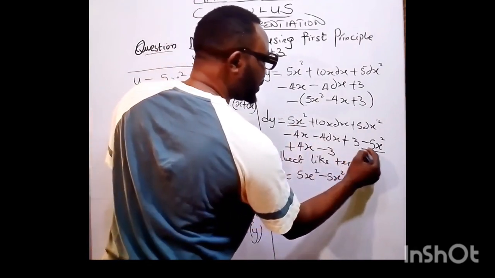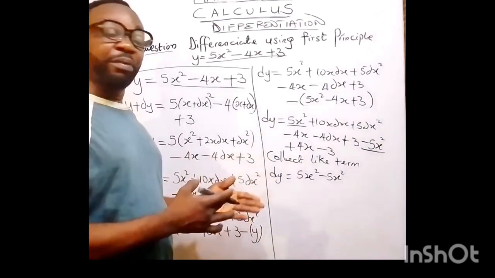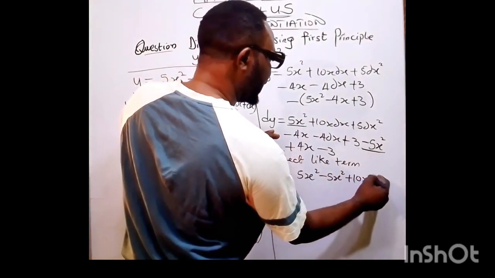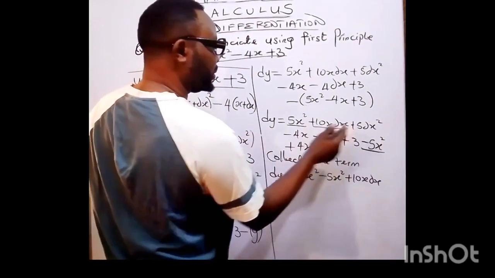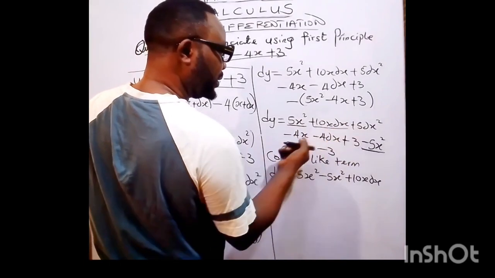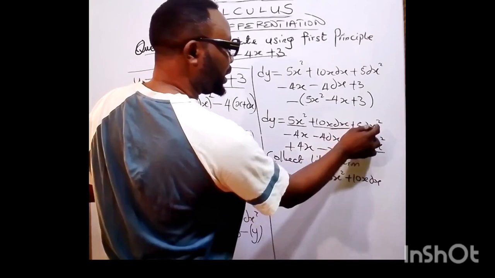Please underline it so that you'll be able to know those ones that you have removed and those ones that are left behind. So we have plus 10x dx. Does any other term look like 10x dx? Do you have any x dx there? No.